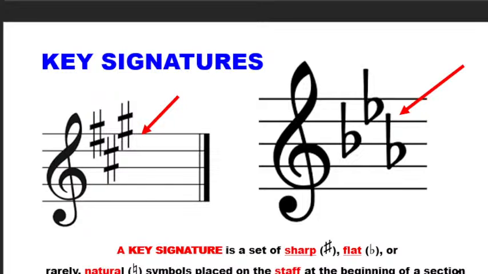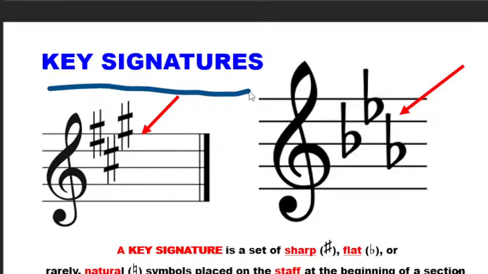Now we talk about the key signature. Either your song, your piece of music, is sharpened or it is flattened. When we talk about the key signature here, we are talking about the key that we use.